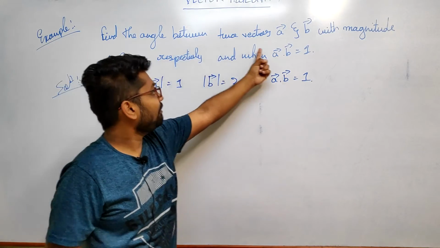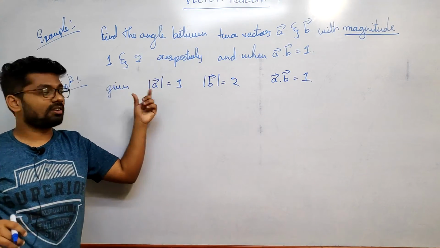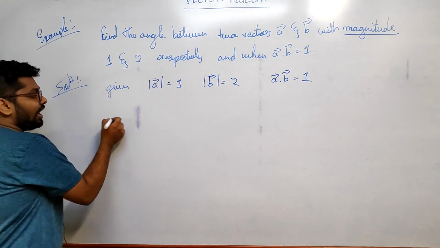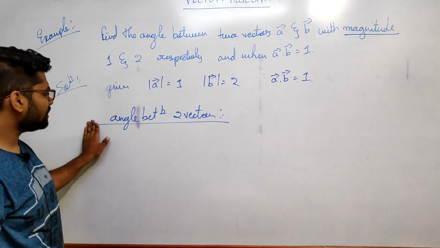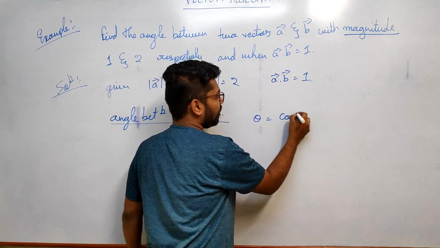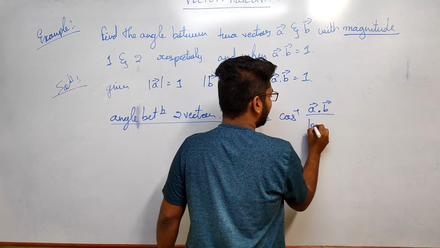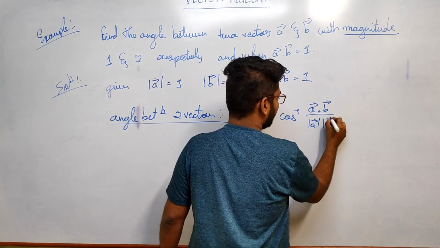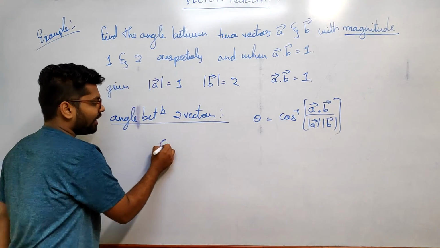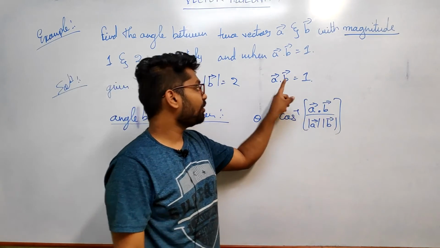Magnitude means what? Mod, right, mod of a bar. So mod a bar is 1, mod b bar is 2. Now the angle between two vectors. What is the formula for the angle between two vectors? Theta is equal to cos inverse of a bar dot b bar divided by mod a bar mod b bar. Correct? Do you have all the required values? a bar dot b bar, do you have?